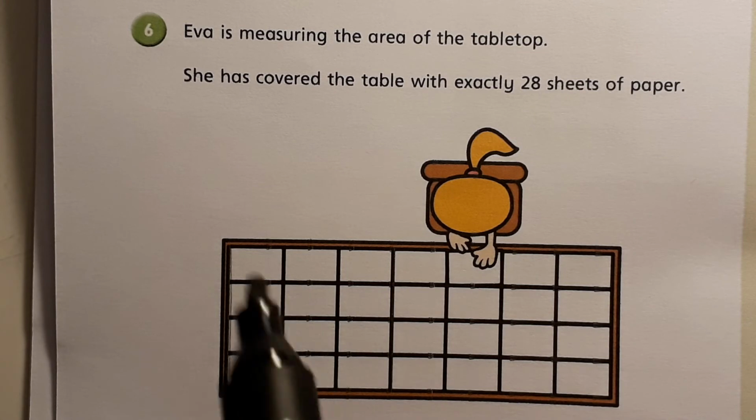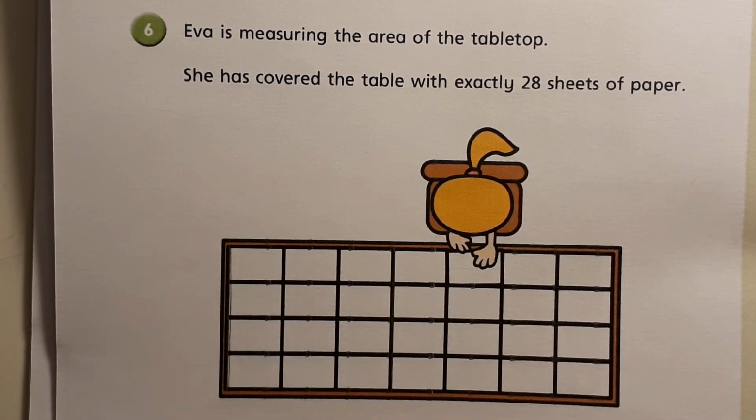Here, Eva is measuring the area of the tabletop. She has covered the table with exactly 28 sheets of paper.